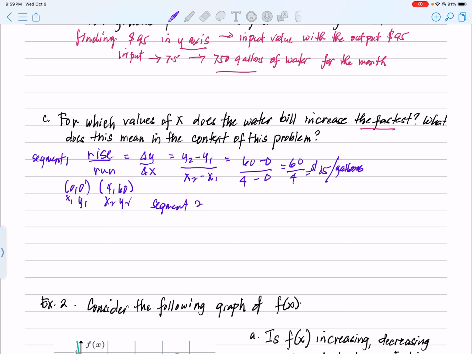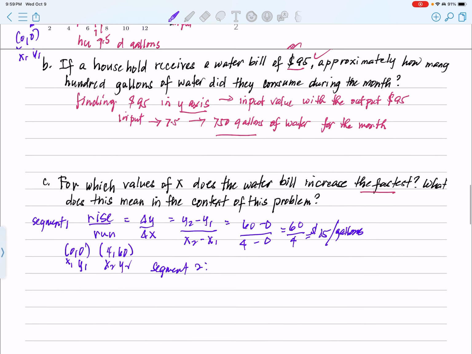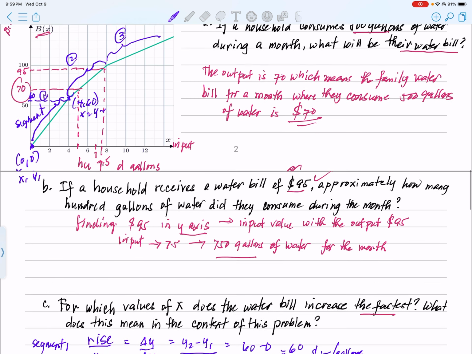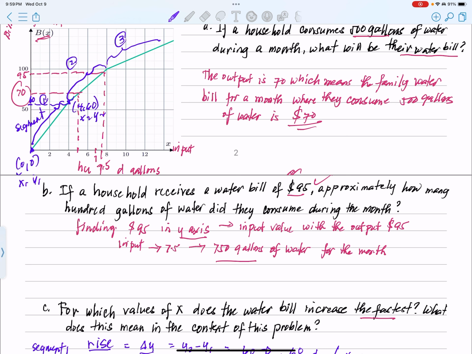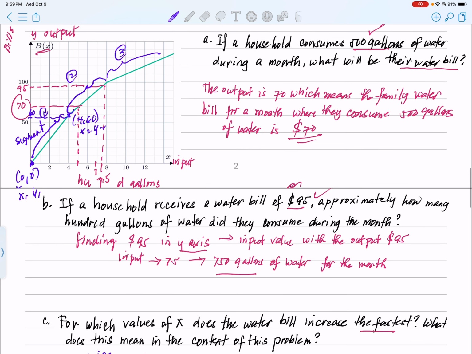Let's do the rise over run. Let's look for the points here. What will be from this point to this point? So what is the coordinate of here?